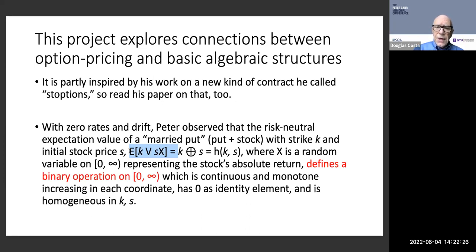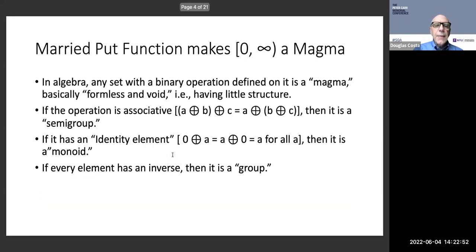And the last observation is that it's homogeneous in K and S, which is an analytical way of saying the algebraic property that ordinary multiplication of non-negative numbers distributes over this pseudo-sum. So there's a distributive law for multiplication over that circle plus, that pseudo-sum.